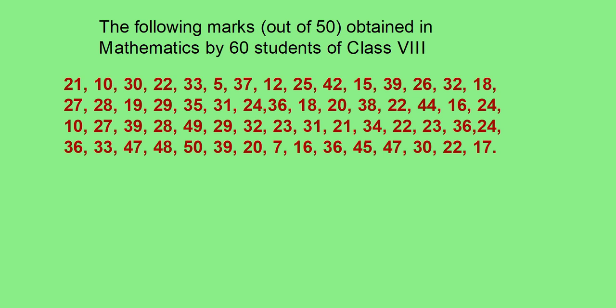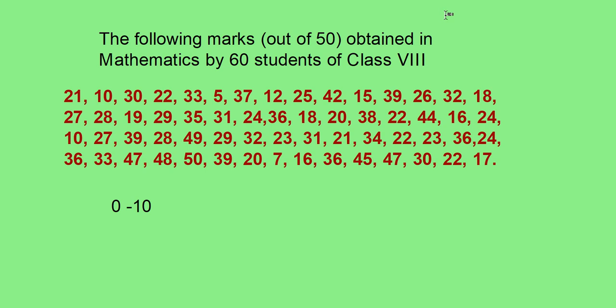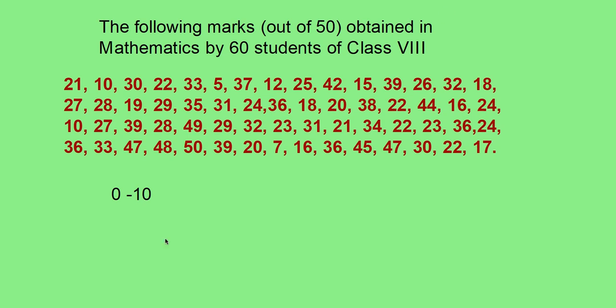It will be very difficult. To get rid of this difficulty, we can have another method. Now, first let us find out how many students got between 0 and 10. Between 0 and 10, you can find out how many students got.